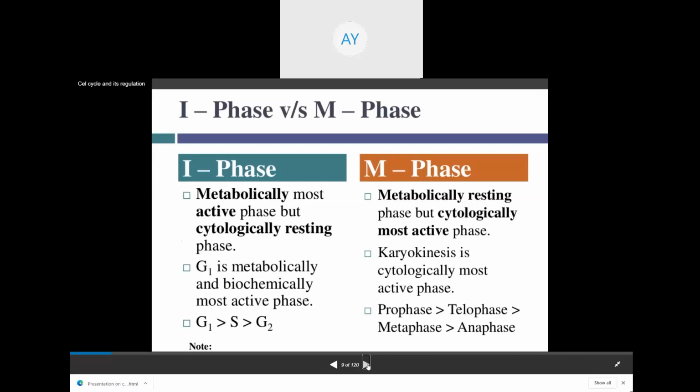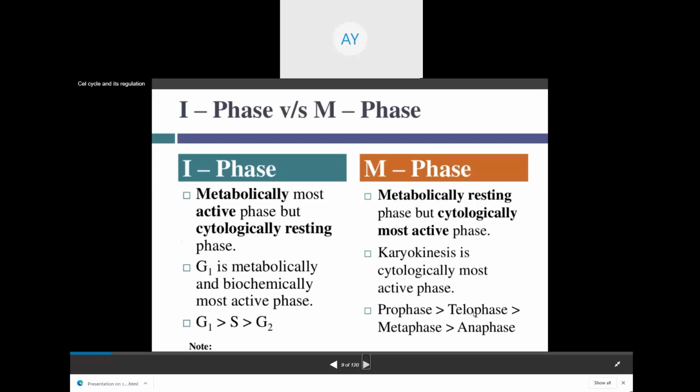In M phase there is no synthesis of any material. Whatever DNA, RNA, or protein was synthesized in I phase is utilized to make two daughter cells by karyokinesis followed by cytokinesis.